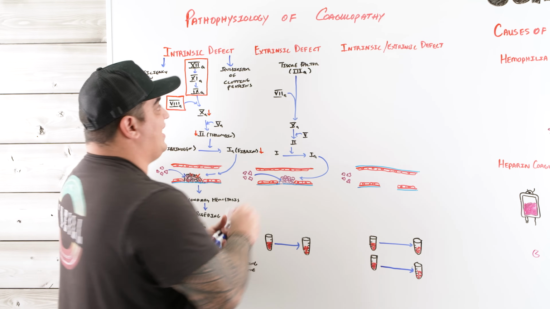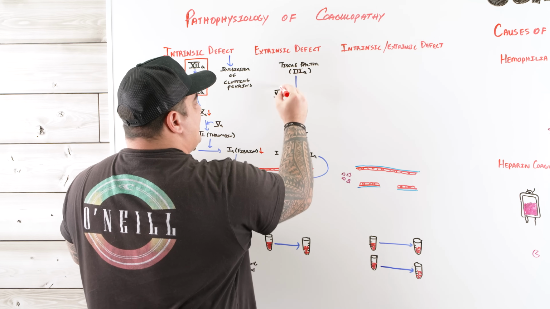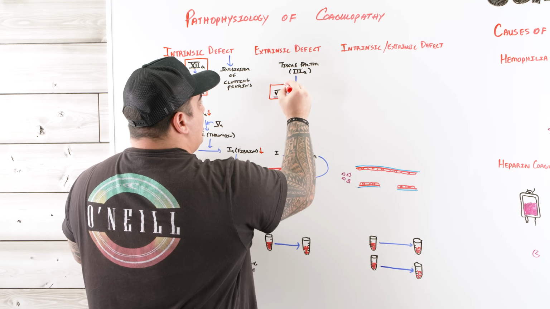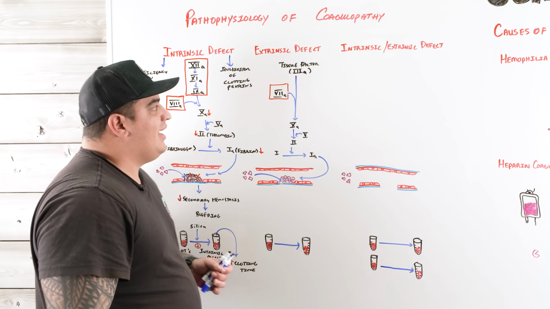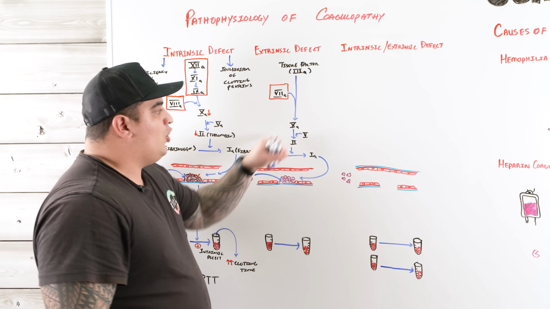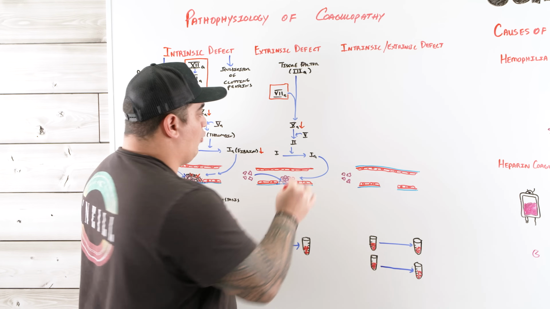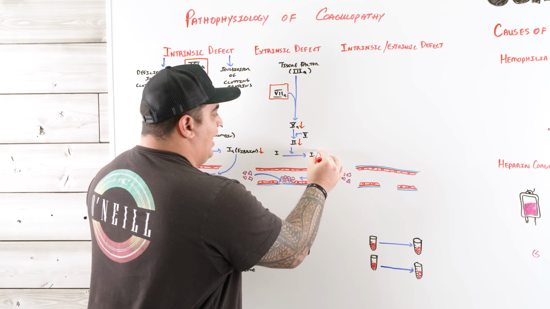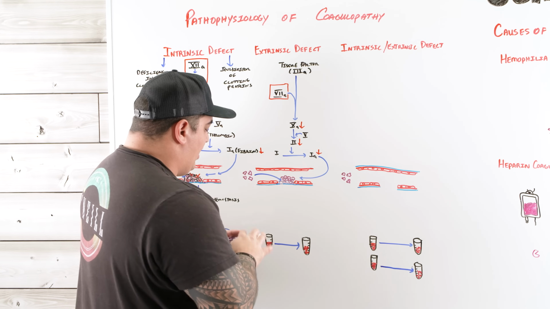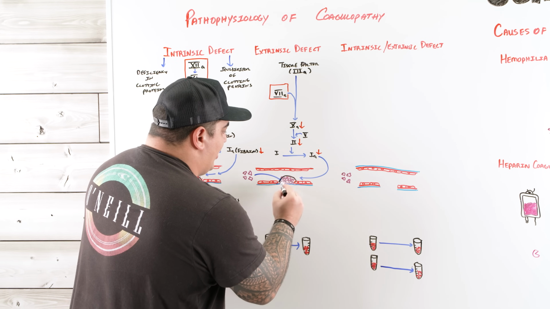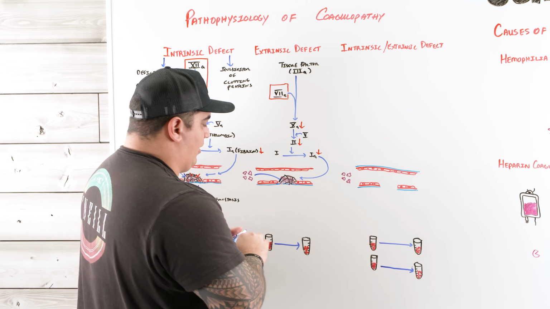If a patient has a deficiency, and I'd say the primary one here is factor 7, a deficiency in factor 7 will lead to a decrease in factor 10 formation, a decrease in thrombin, and a decrease in fibrin formation. And if you can't form fibrin, can you form a secondary hemostatic plug?